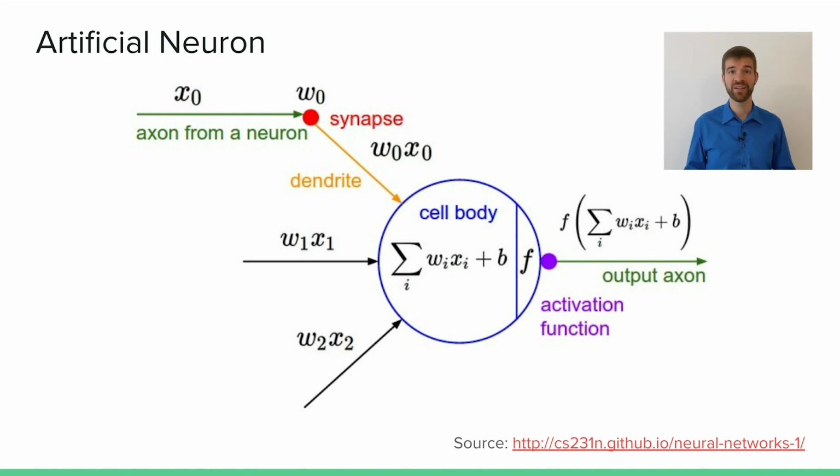That's basically an artificial neuron, and if you put multiple neurons together, we get something that we would call a neural network.